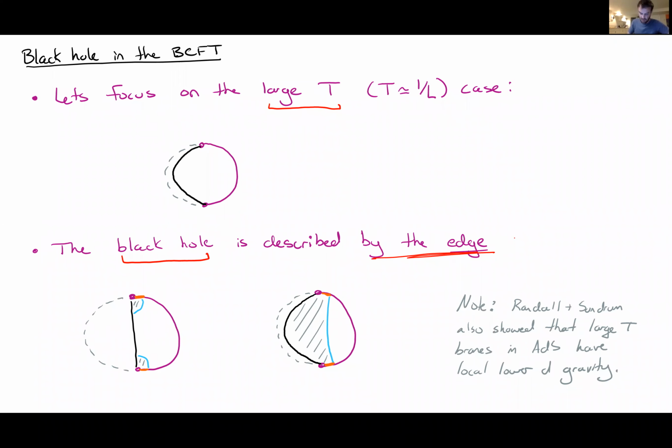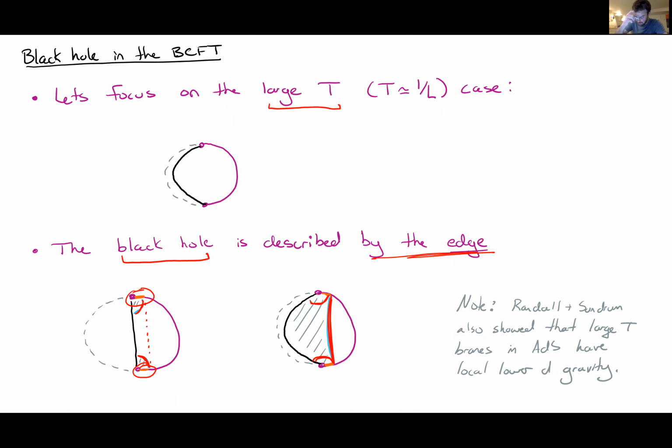One way to see that is to think about a small interval near the edge and its entanglement wedge. When the tension is small, these surfaces will be minimal, less in area than this. But if I push the brane out far enough, these will get longer and longer, and eventually this will become your minimal surface. And so in that case, the entire brane, i.e. the entire black hole, is described by just the edge degrees of freedom.